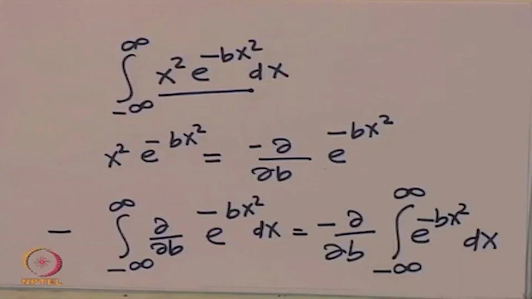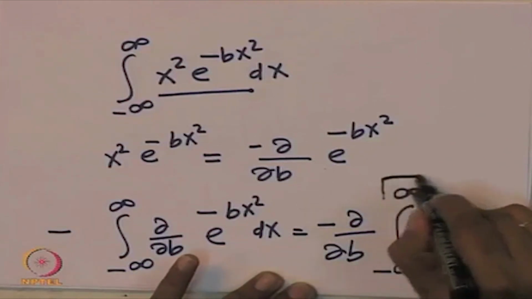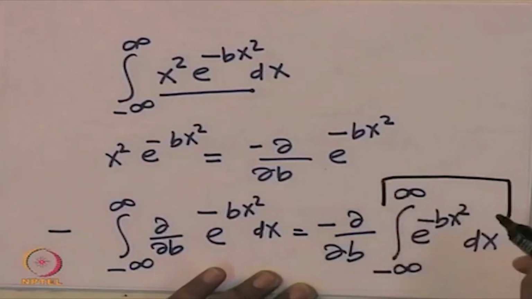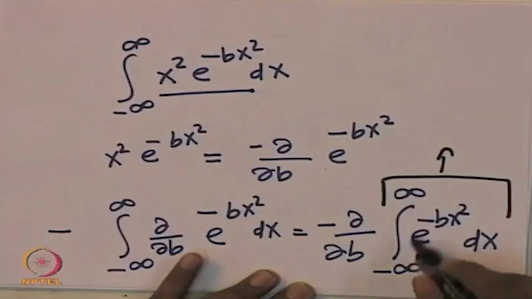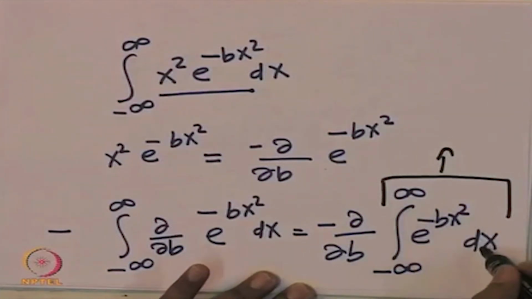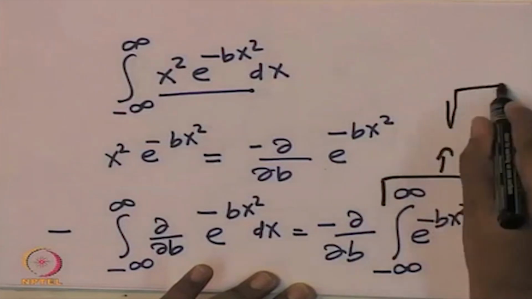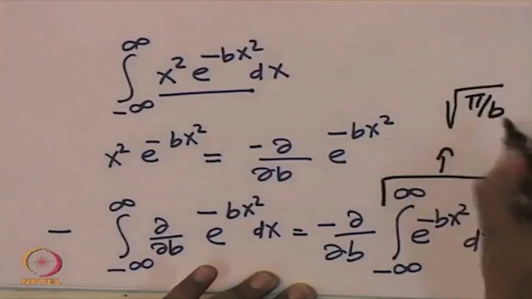We know the answer to this. We said some time ago that the answer to this particular integral, from minus infinity to infinity of e power minus b x square dx, is root of pi by b.